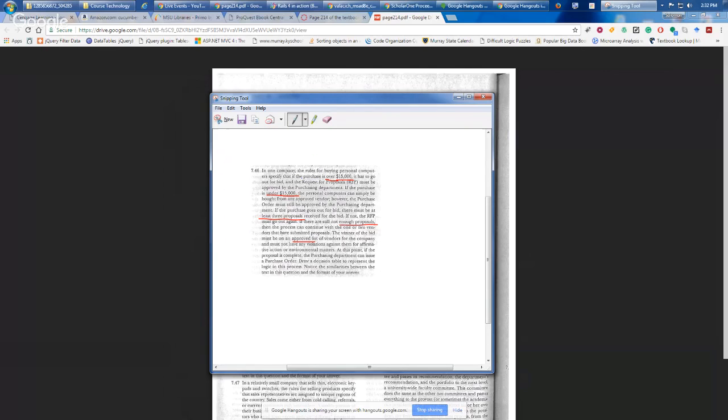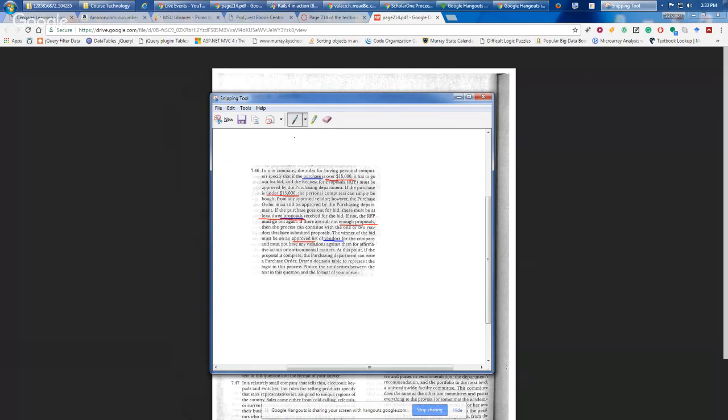So amount of purchase, number of proposals, and then vendor would be the third condition. So we have amount, proposals, and vendor.